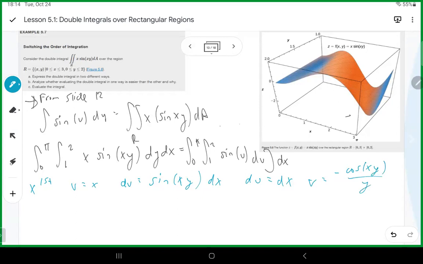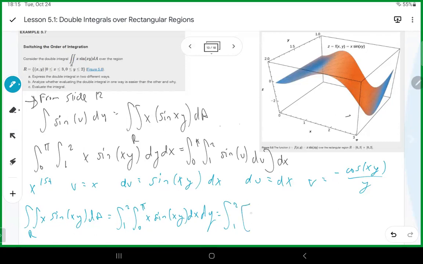So I think you guys can already see that it's going to get really gross, but I will just finish it out for you. So we have where we started. And then it's going to be 1 to 2, 0 to pi, x sine xy dx dy, equals 1 to 2.